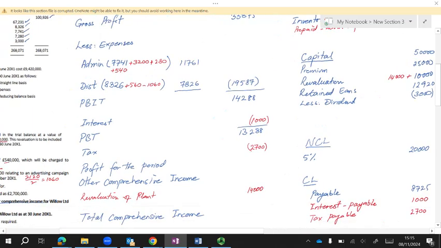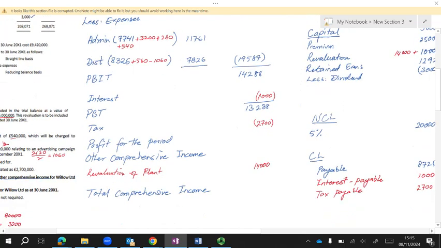And when we subtract tax out of it, we will get 10,588, which is profit for the period, and then the other comprehensive income of 14,000, and the total comprehensive income will be 24,588.